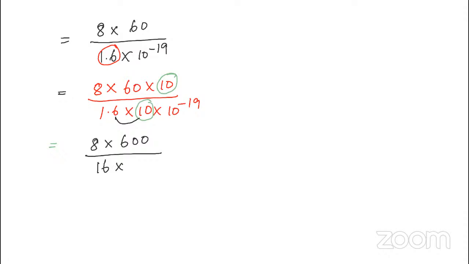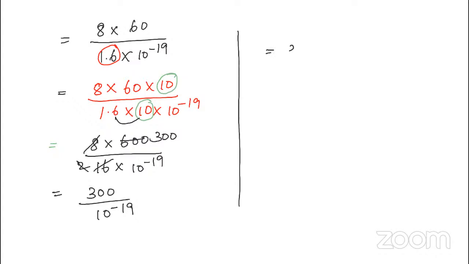It should be 10 power minus 19. So this is 1 time and this is 2 time. And here it is 1 time and here it is 3 time. That is 300. 300 divided by 10 power of minus 19. Then 3 into 100 divided by 10 power of minus 19.